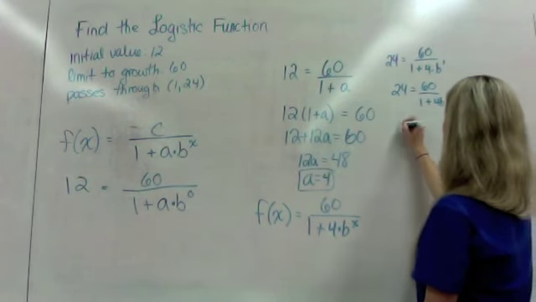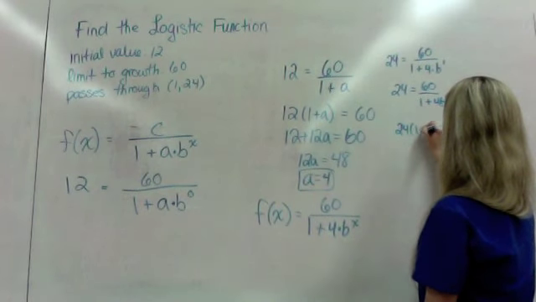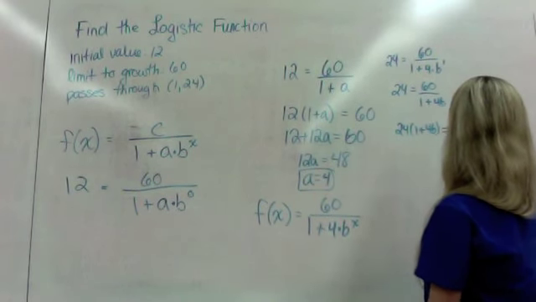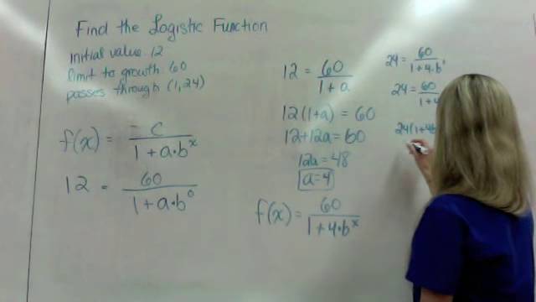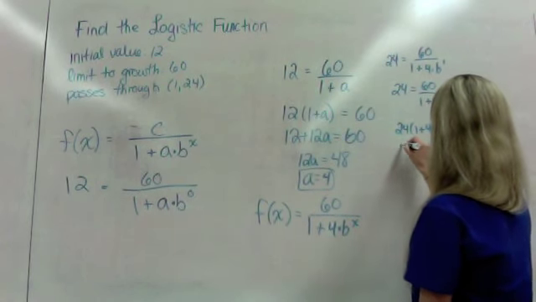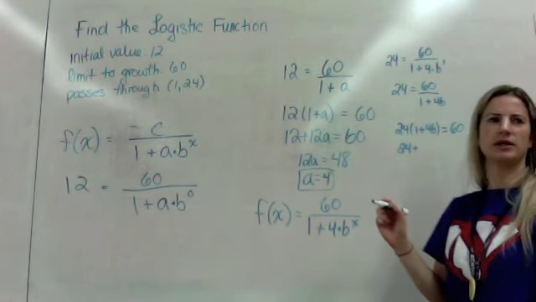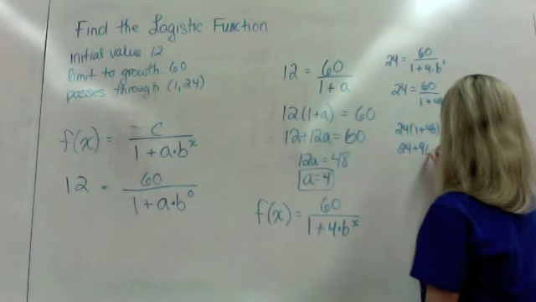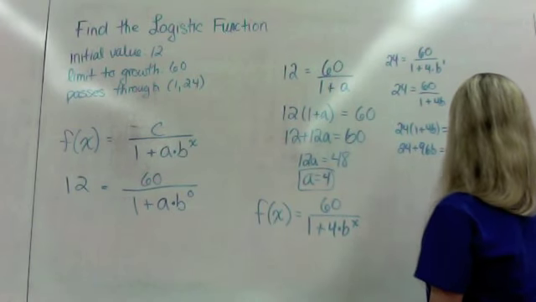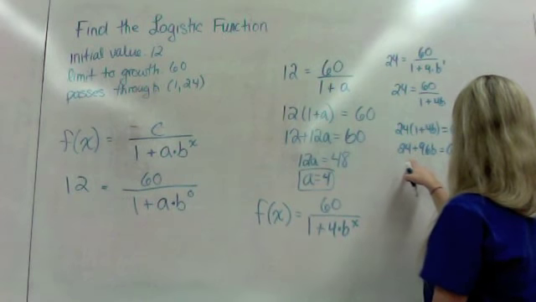Multiply both sides by 1 plus 4b, so 24 times 1 plus 4b equals 60. So this is 24 plus, what's 24 times 4? 96. 96b equals 60. So what's going on here?